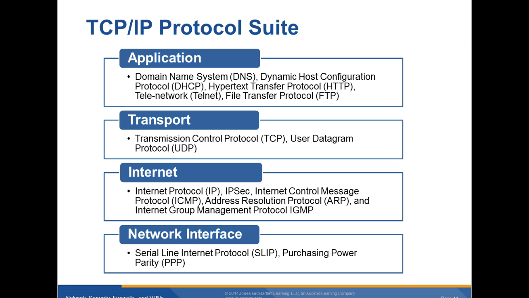The transport layer includes the transmission control protocol, TCP, and the user datagram protocol, UDP. The internet layer includes the internet protocol, IP, IPsec, internet control message protocol, ICMP, address resolution protocol, ARP, and internet group management protocol, IGMP. The network interface includes the serial line internet protocol, or SLIP, and the point-to-point protocol, or PPP.